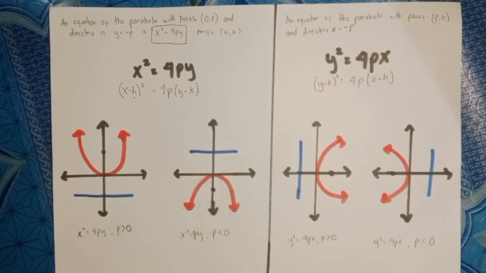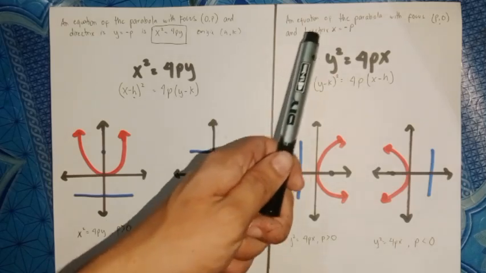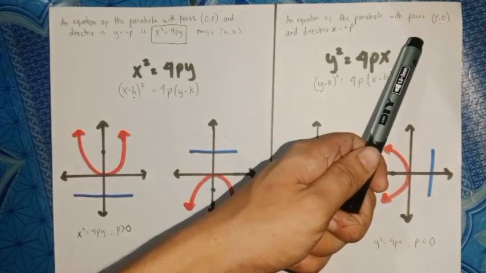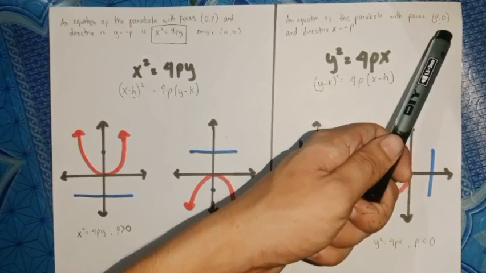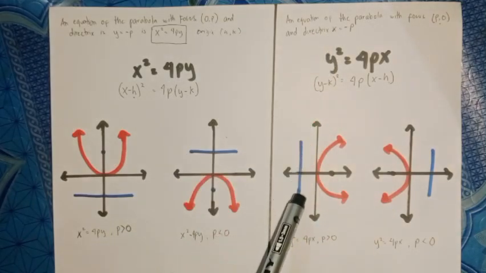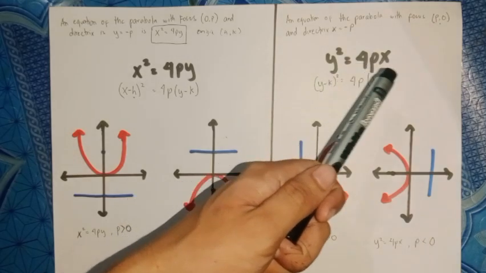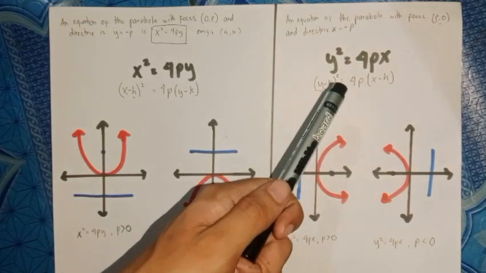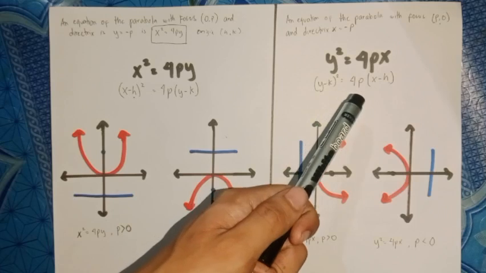Now, let's proceed to the second equation. The equation of the parabola with focus (p, 0) and directrix x equals negative p: we can use y squared is equal to 4px, or (y minus k) squared is equal to 4p(x minus h).